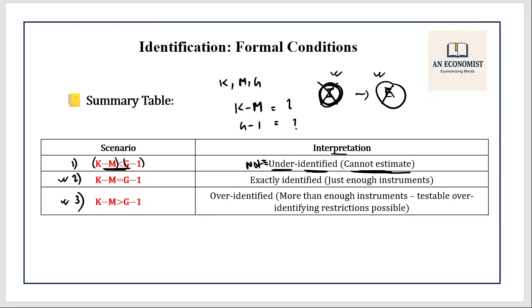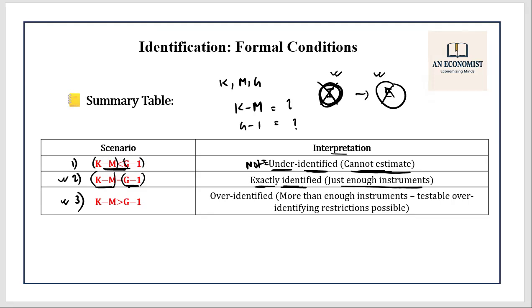The second is k minus m exactly equals g minus 1, which means the total number of exogenous shifters is exactly equal to the number of exogenous shifters that you need. That is why this will be exactly identified. This is the exact identification. So you have just enough instruments to identify your model and hence to estimate.